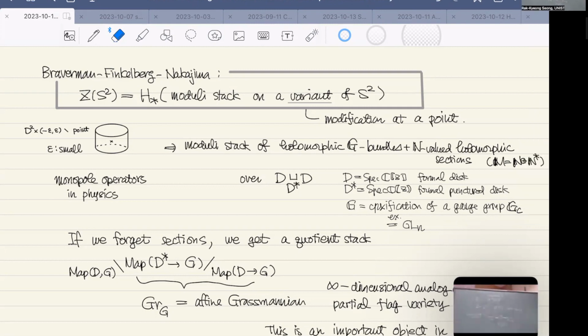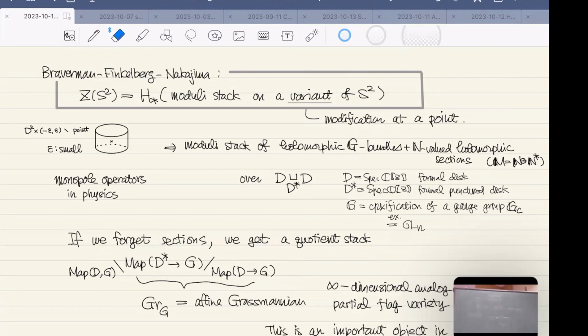And from this consideration, if you forget the part coming from the section, the moduli space has this description. In the middle is the space of maps from this punctured disk to G. This is the gluing data of the upper disk and lower disk. Because I glued along the punctured disk, this is a space of maps from this side.